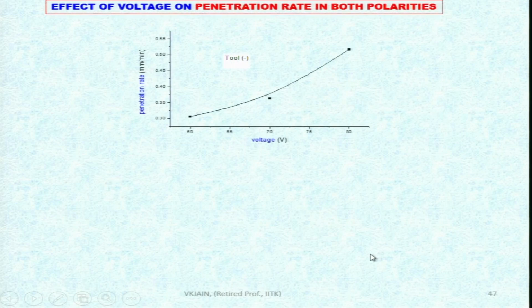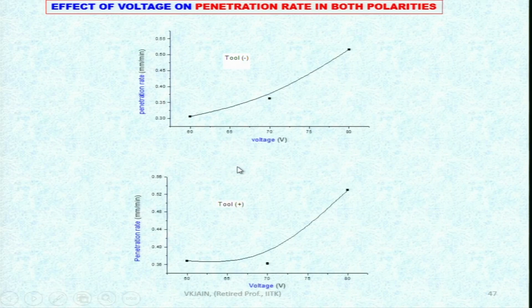Effect of voltage on penetration rate in both polarities. When the tool is negative, penetration rate is continuously increasing with a certain trend as you increase the voltage, which is obvious because as voltage is increased, current flowing is also increased, current density increases, so material removal rate also increases. It is in millimeter per minute, that means linear material removal rate, that is the penetration rate.